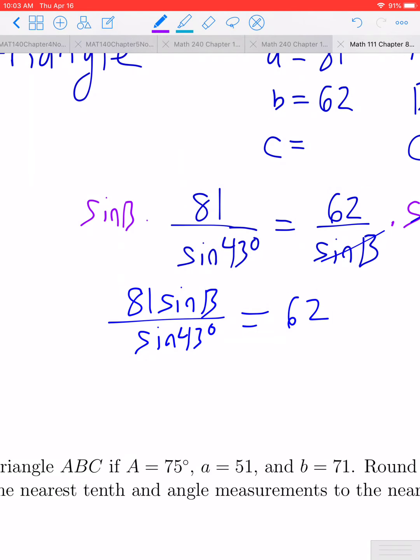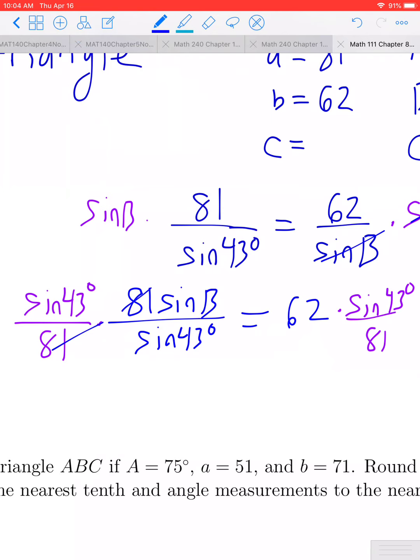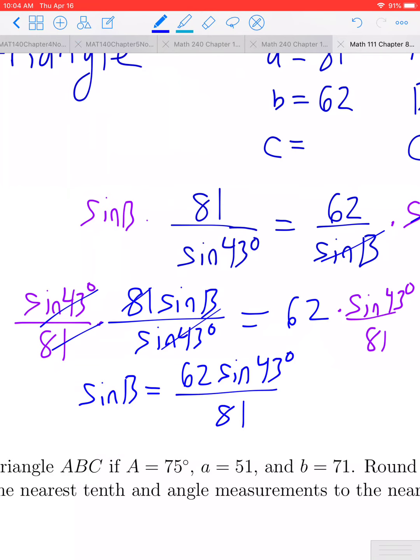You can either divide by it, or it's equivalent to multiply both sides by the reciprocal. So we would get the sine of 43 degrees over 81, multiplying to both sides. These cancel out, and we see that the sine of B is equal to 62 sine of 43 degrees over 81.